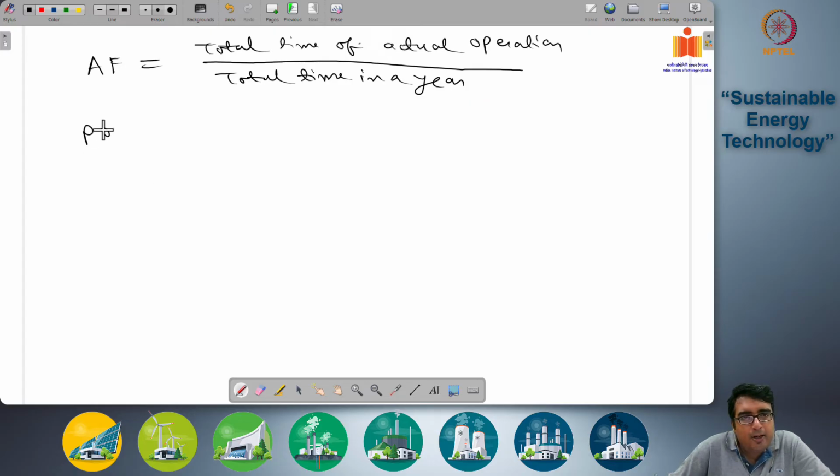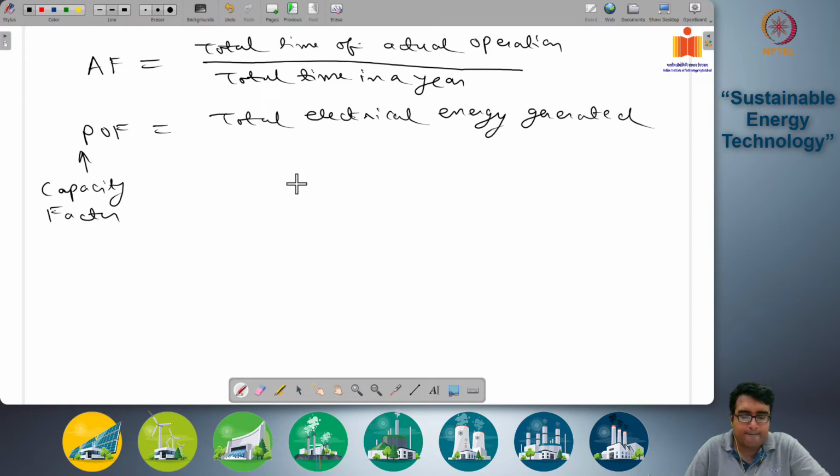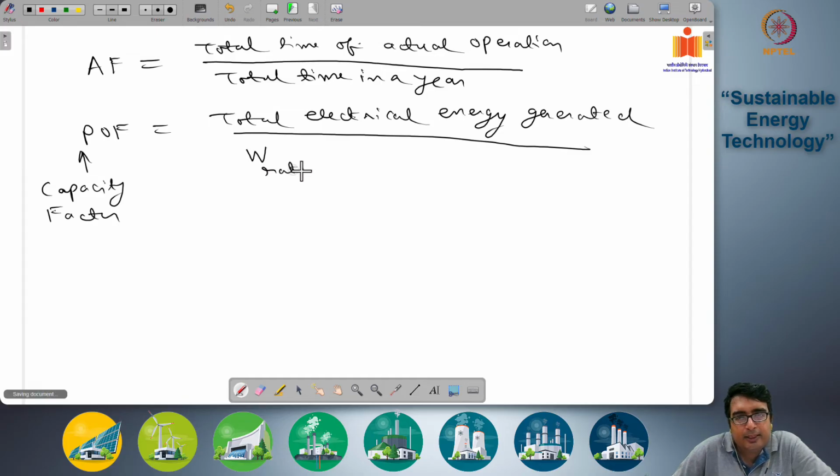And the power operating factor, which is also often known as the capacity factor, is the total electrical energy generated by the plant divided by the rated capacity of that power plant times the total time in a year.